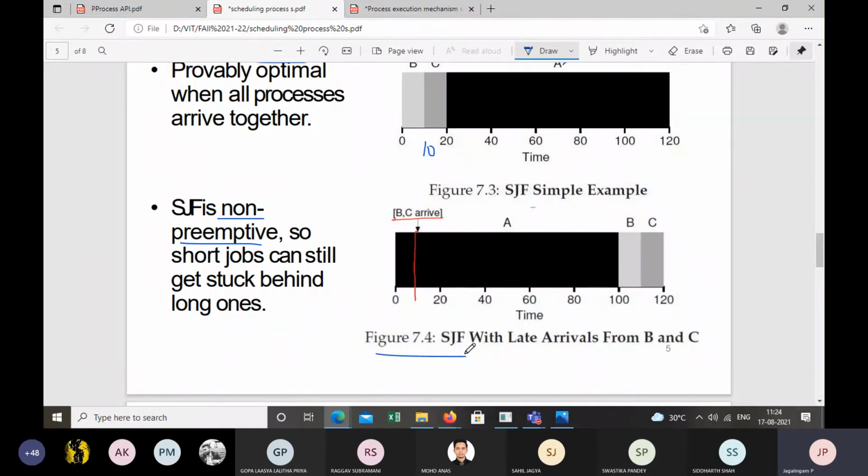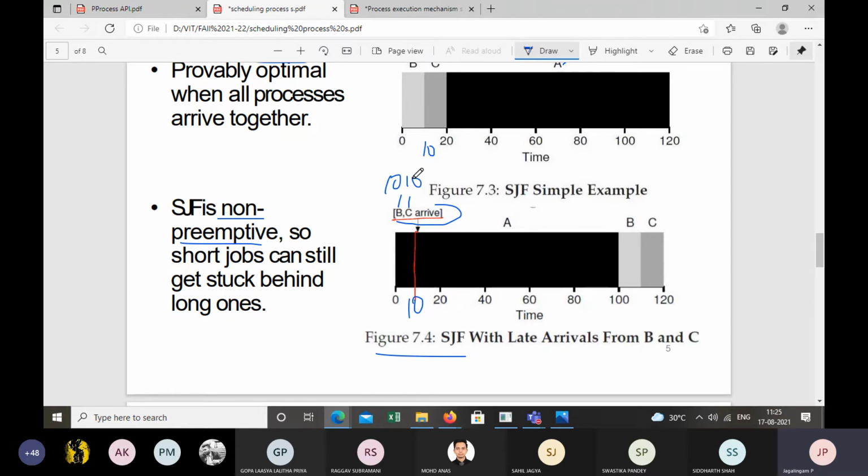Now look at figure 7.4. The CPU is executing process A, the fat process, which needs more time. At time 10, B and C arrive in the system while the CPU is executing process A. But processes B and C need only 10 milliseconds to complete execution.